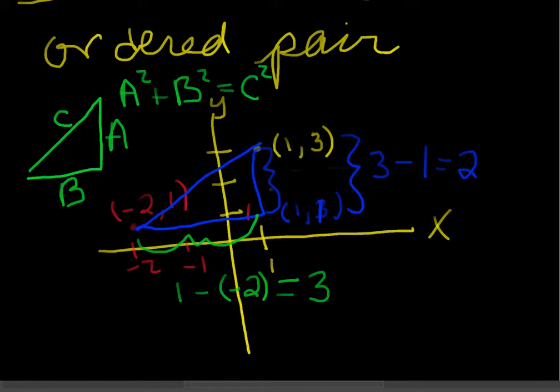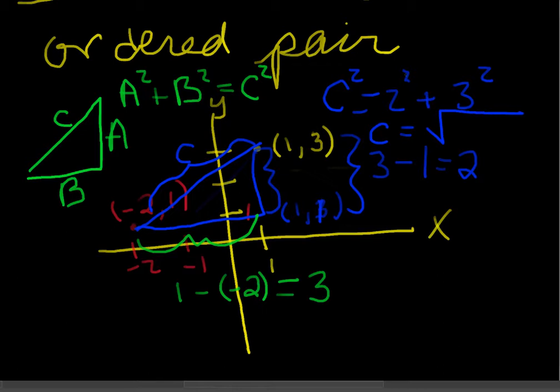So using that, I know that whatever this distance is here, let's call it c, c squared, using Pythagorean theorem, has got to equal 2 squared plus 3 squared. So c has to be the square root of, well, 2 squared is 4, and 3 squared is 9, so 9 plus 4 is 13.